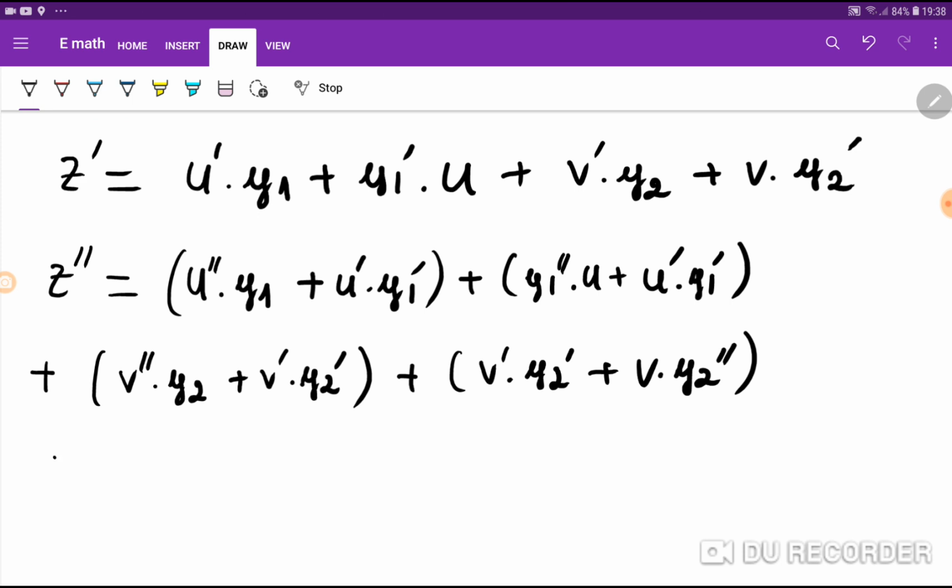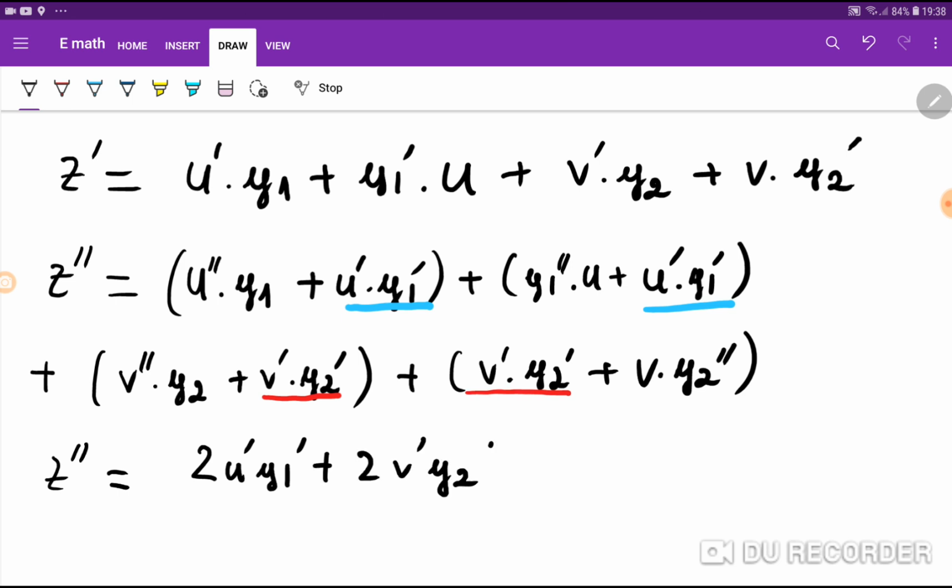Let's see if I can group any of these terms. Let's start with u' y1'. I'm going to group these two here and these two here, so we become 2u' y1', sorry. Then I'm going to group these two right here, in red, so we become 2v' y2'.